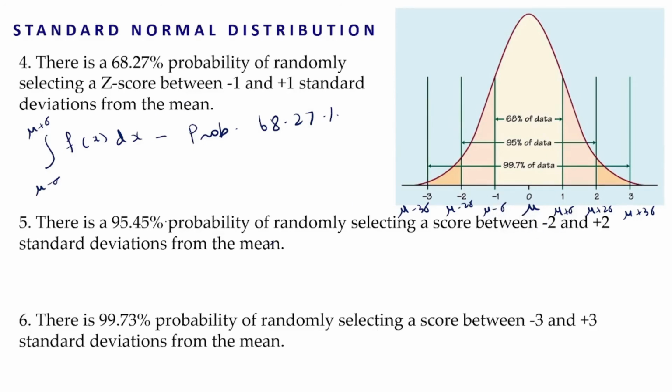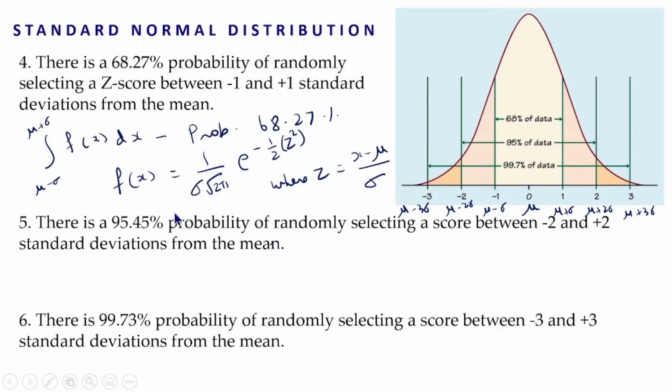Now we saw f of x can be given using the standard normal distribution as 1 by sigma root 2 pi e raised to minus half into z square, where z is equal to x minus mu by sigma. So this is the meaning of the 68.27% probability.